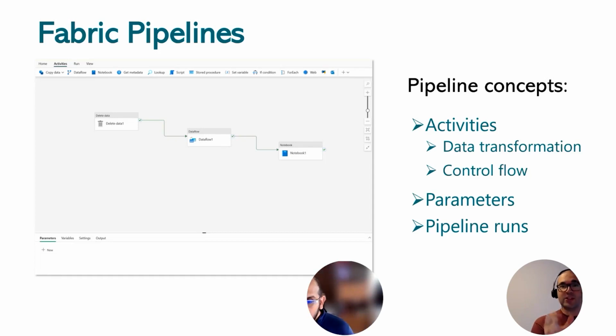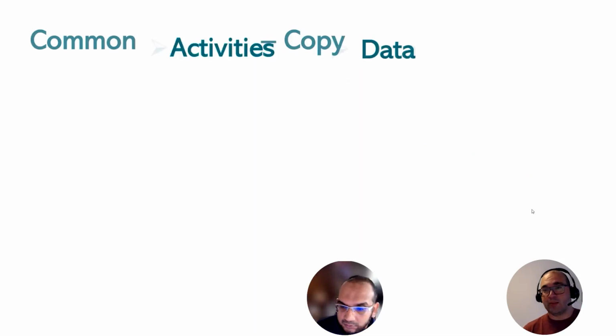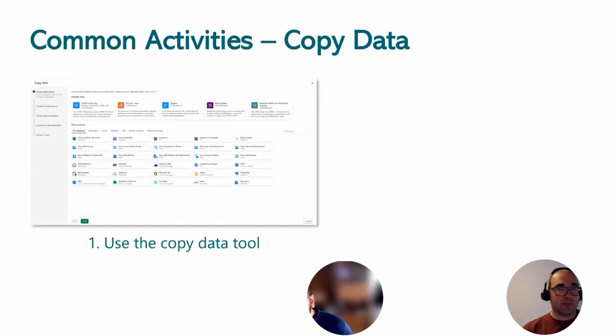Data transformation is this individual piece that we put within one action, one activity within a pipeline. And control flow is essentially those arrows between the different transformation steps. You can use parameters for pipelines to support metadata-driven execution, and you can also schedule pipeline runs to happen at a certain time of the day, and so on.